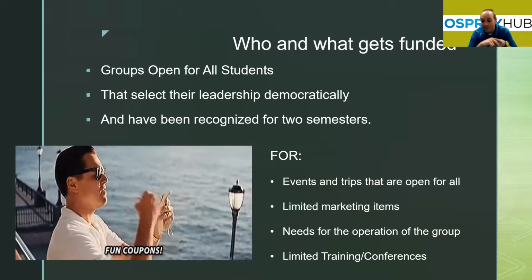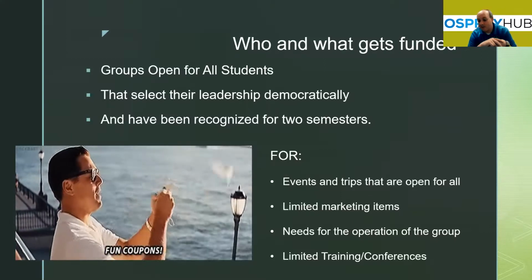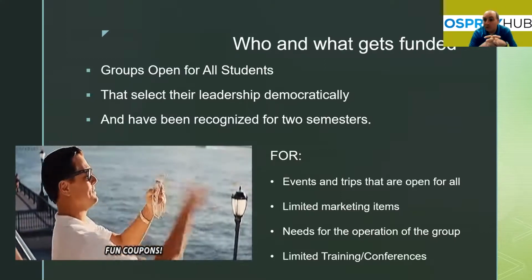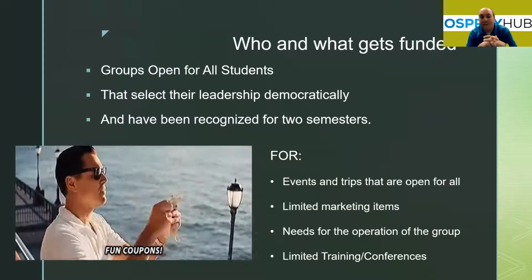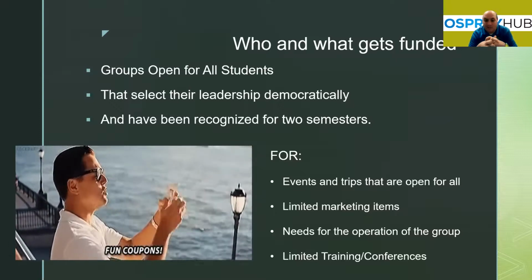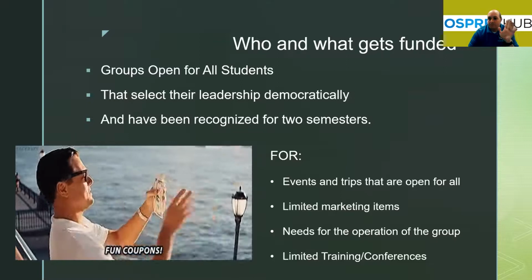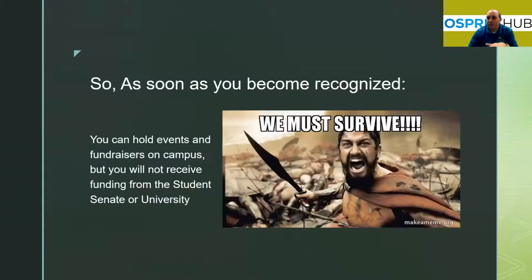What do I mean by limited training and conferences? It means you might not be able to afford to send everyone to the conference, but your leadership might be able to attend that conference. And that's why it is important that we select our leadership through a democratic process. All right. Let me back up just a little bit here to say, here's the deal.